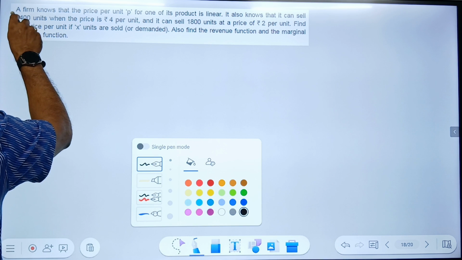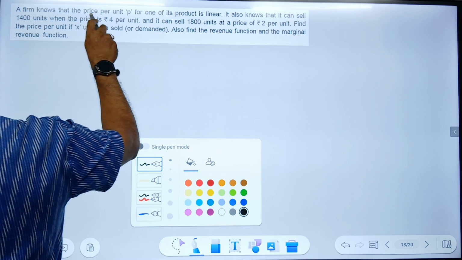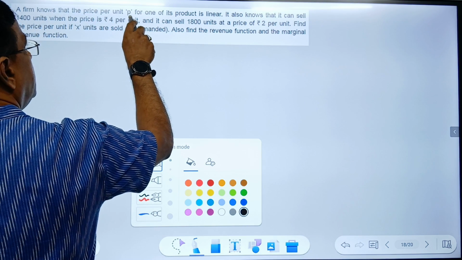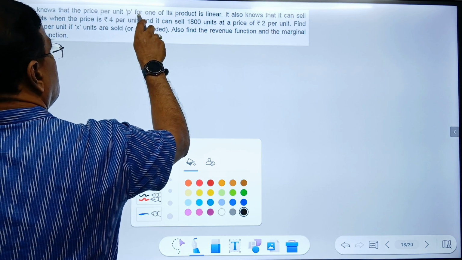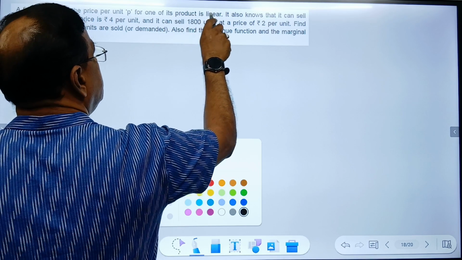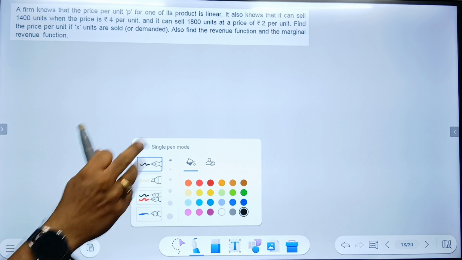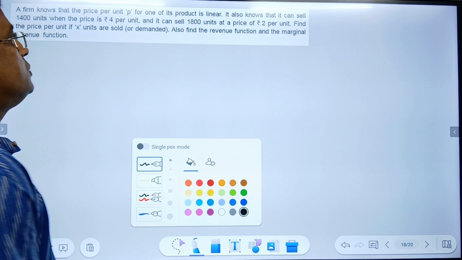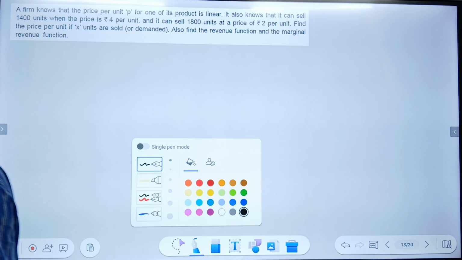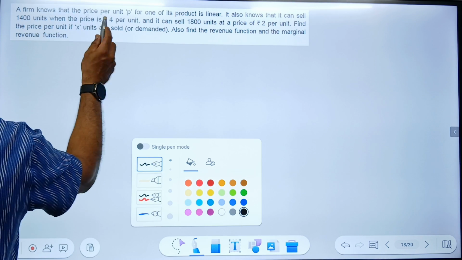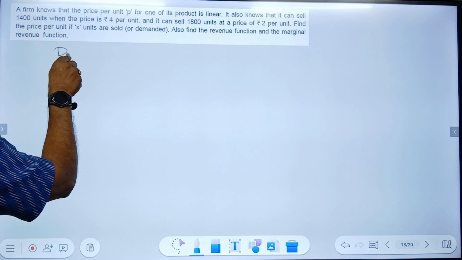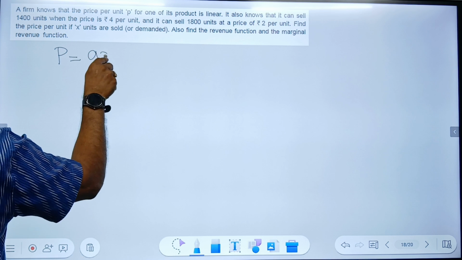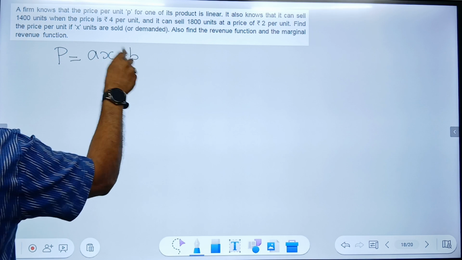First of all, a firm knows that the price per unit P for one product is linear. It's a linear function. It is also known that it can sell 1400 units at the price. So the relation is given. The price is given as a linear function of the number of units produced.